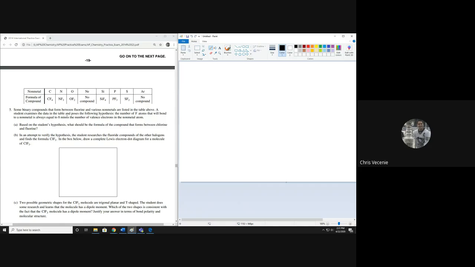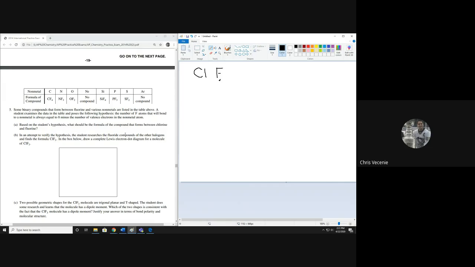All right, so based on the student's hypothesis, what should be the formula of the compound between chlorine and fluorine, right? The student's hypothesis says the number of F atoms that connects will be 8 minus the valence electrons in the nonmetal.